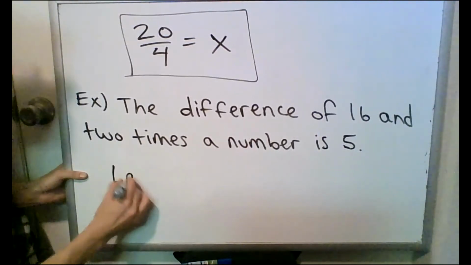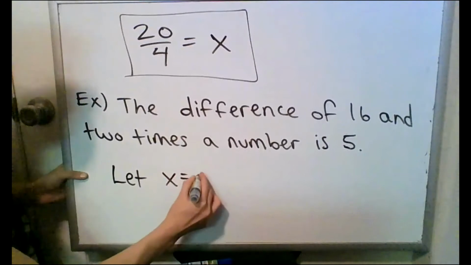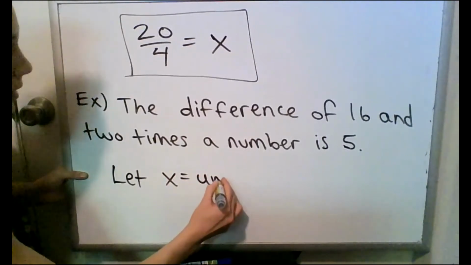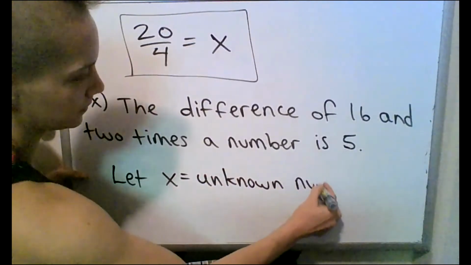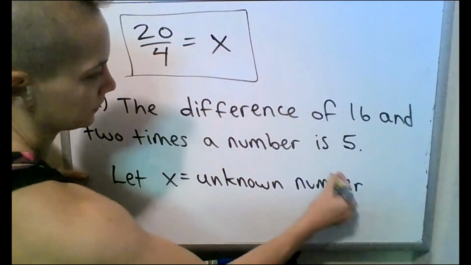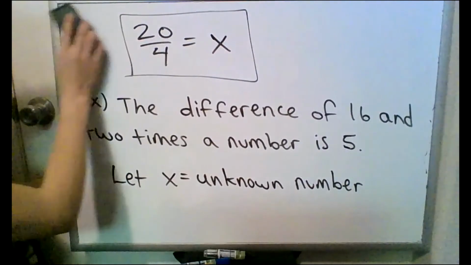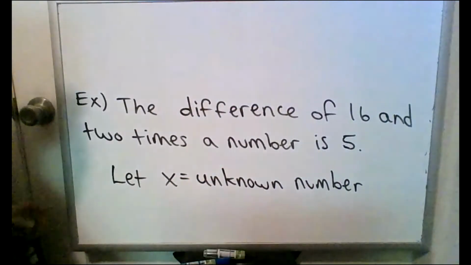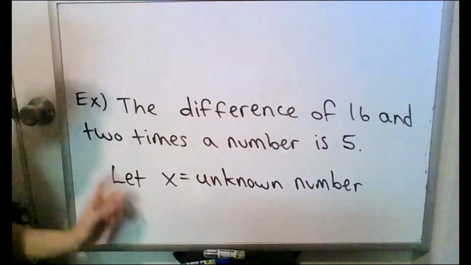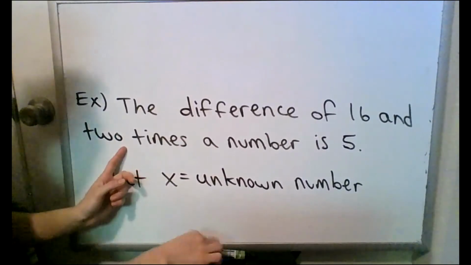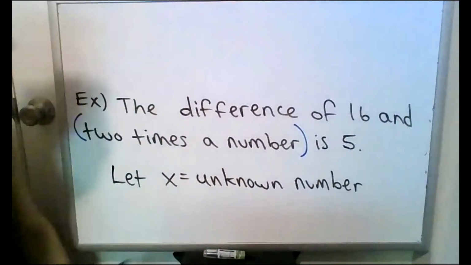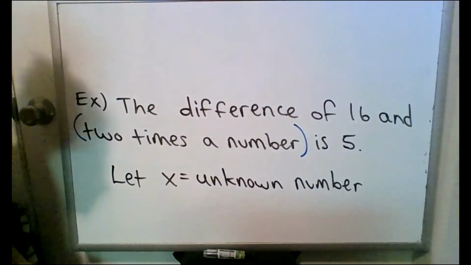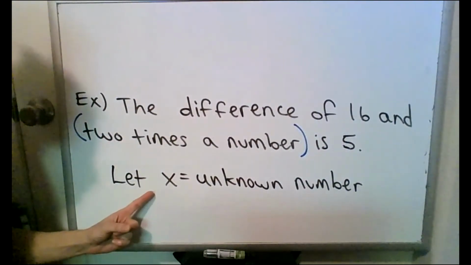So let x be your unknown number. The difference of 16 and 2 times a number, which means 2 times x.